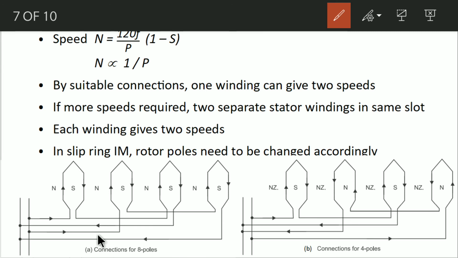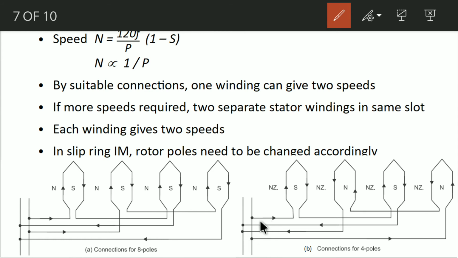Now if I change the connections, these two terminals are interchanged as shown in this diagram. This point is connected to the other phase here and this point is connected to the second line. These two are interchanged and are shown here.